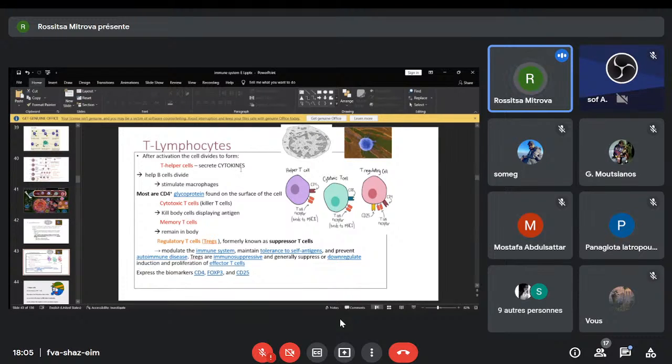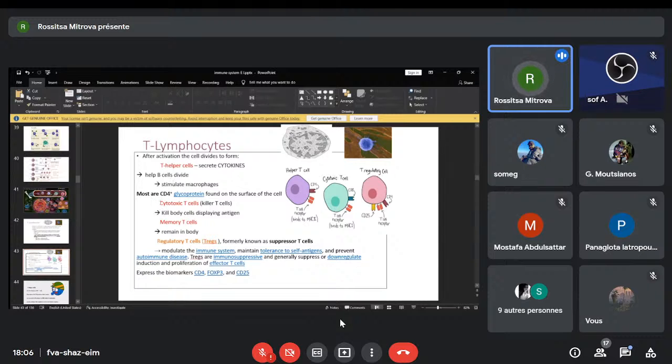They secrete cytokines, very important for the activation of B cells, help the B cells to divide, and stimulate macrophages. Most of them have this glycoprotein on the surface of the cells that is a molecule marker, CD4 plus.